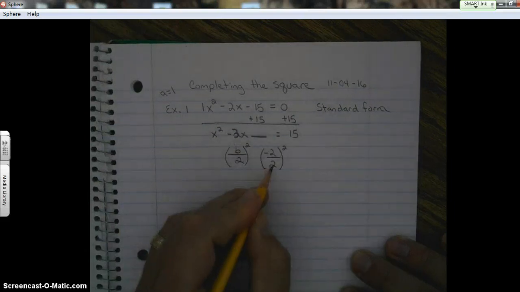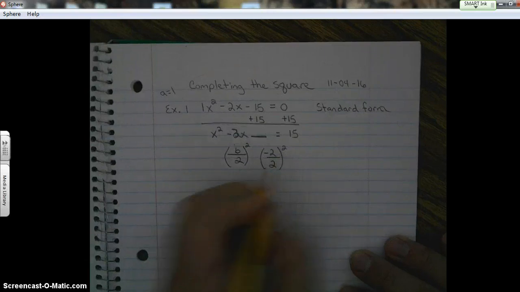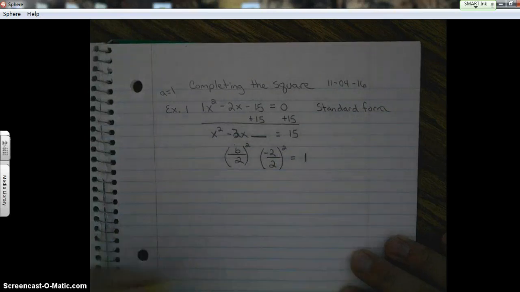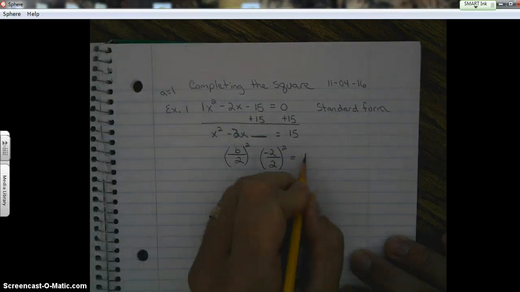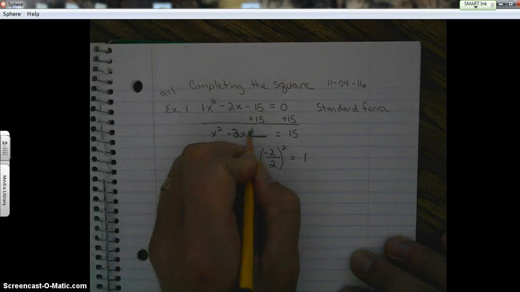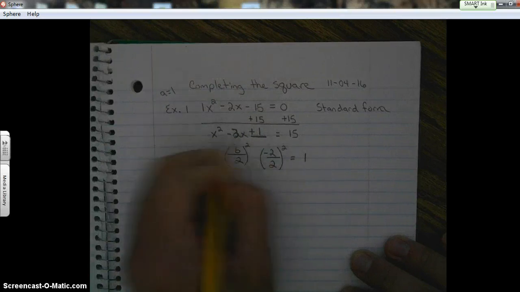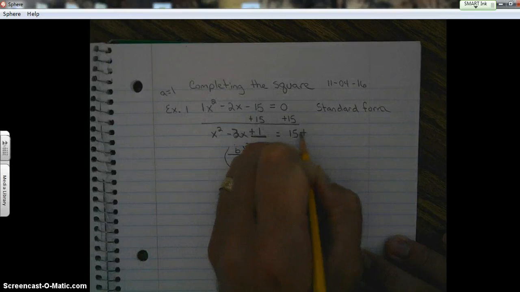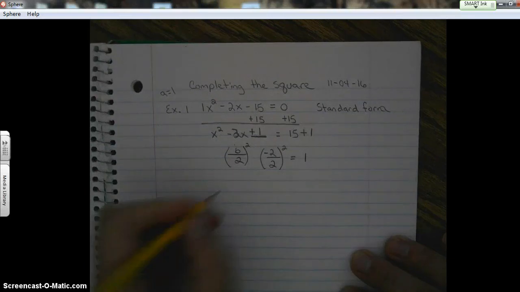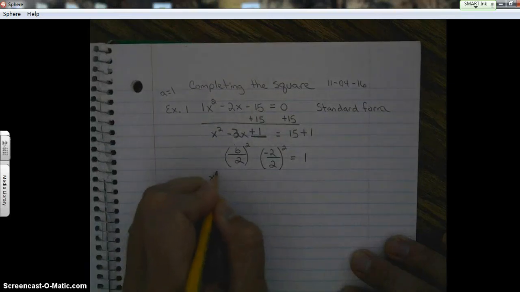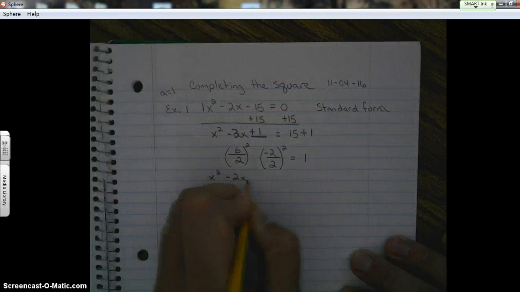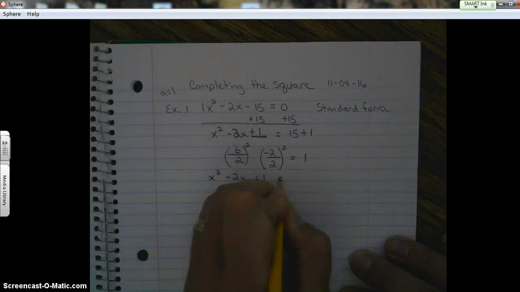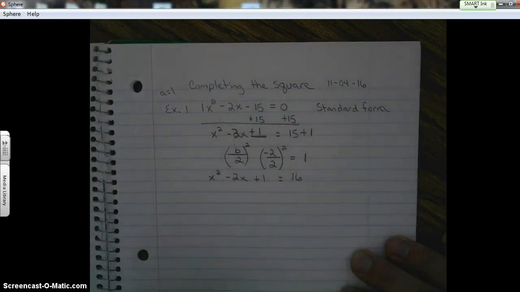So that's going to give us -1. -1 squared is 1. So this number right here is going to make us a perfect square on the left side. So we're going to add it on the left, and we're going to add it on the right. So we get x squared minus 2x plus 1 equals 16.